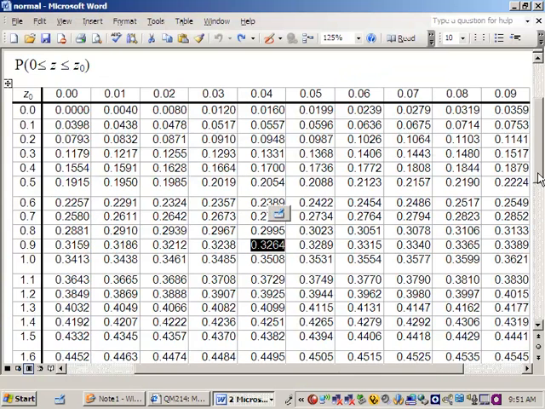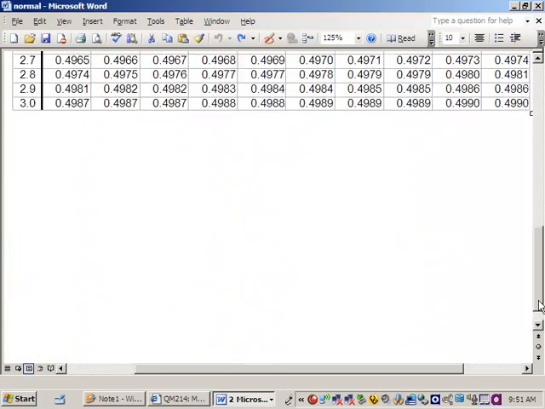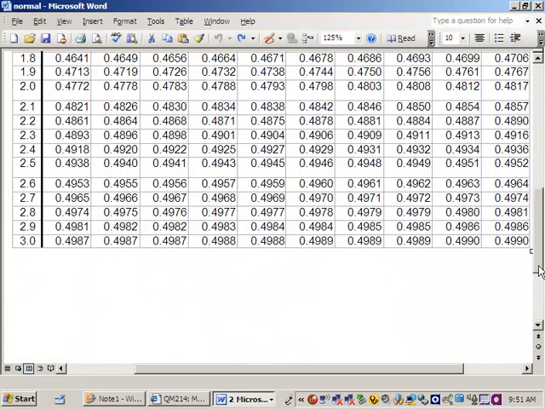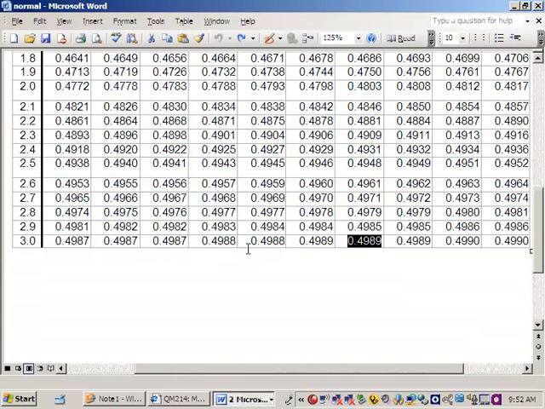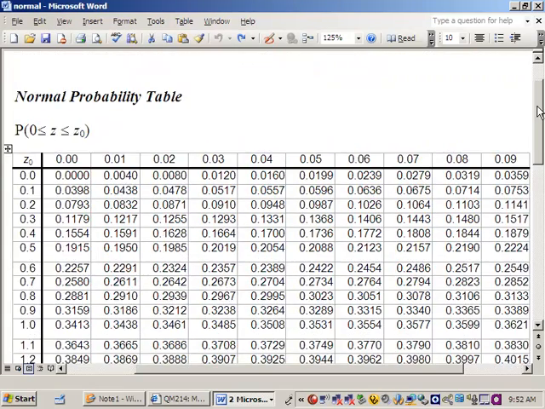Alright, again we'll look up our tables. 3.06, 3.0 is the last line of the table. 3.0, 1, 2, 3, 4, 5, 6. Is that value 0.4989? Oops, 89. Minus the area from 0 to 1.38.